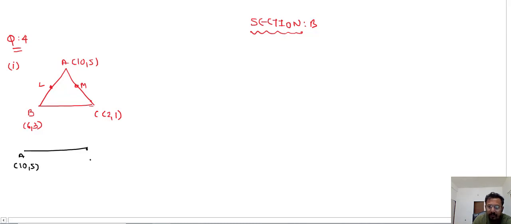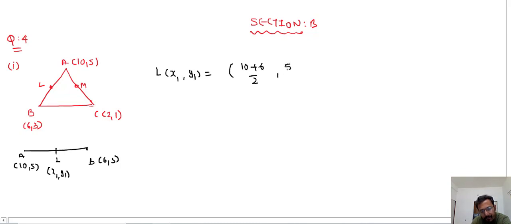Apply the midpoint formula here. 10 plus 6 by 2 and 5 plus 3 by 2, 16 by 2 and 8 by 2. It is (8, 4). Same way, M is the midpoint of AC.